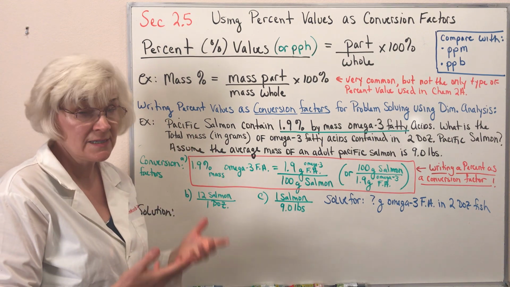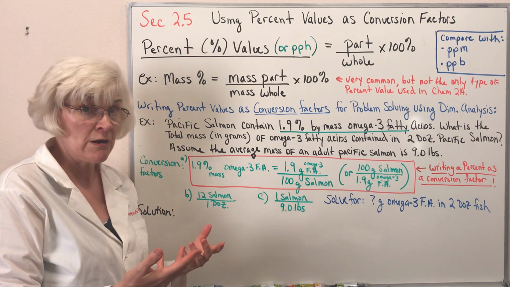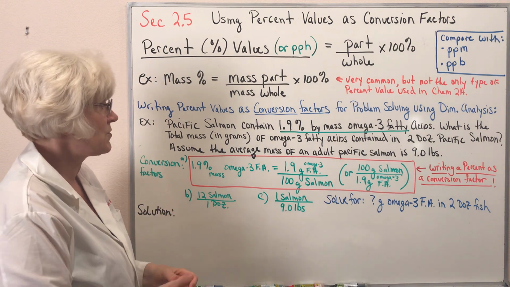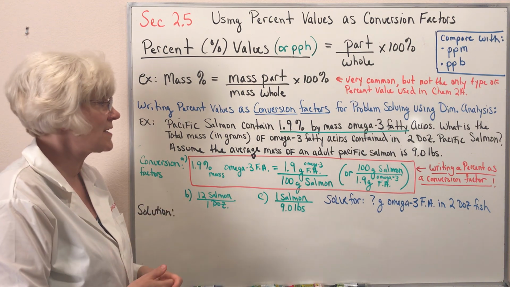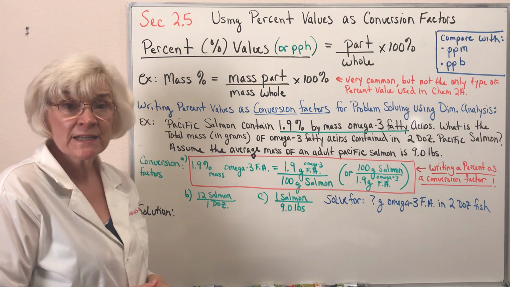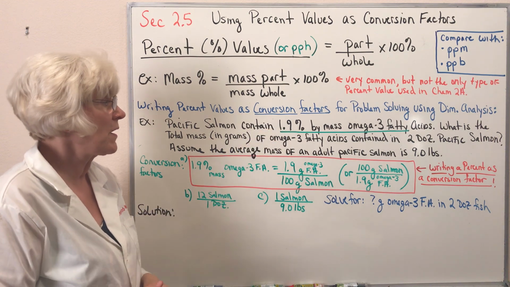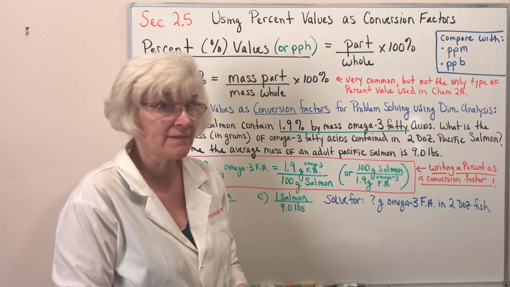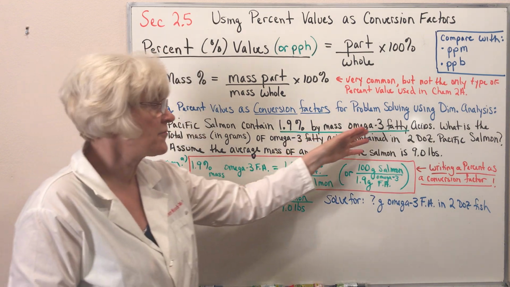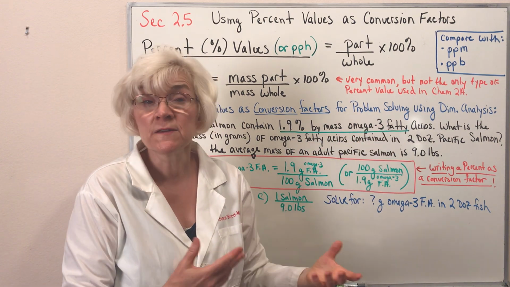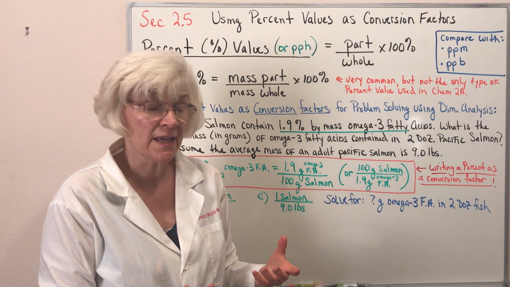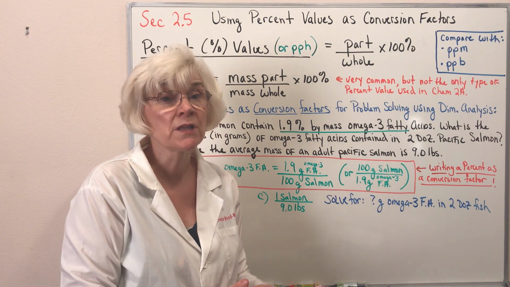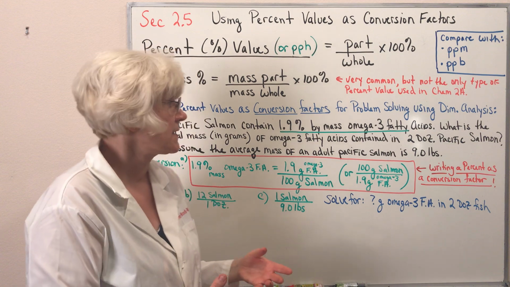Pacific salmon, a type of fish, I enjoy it very much. You, I hope, do too, or have had it and enjoy it too. Pacific salmon contains 1.9% biomass omega-3 fatty acids. Now, omega-3 fatty acids are a very beneficial type of fatty acid associated with lower risk of heart disease.